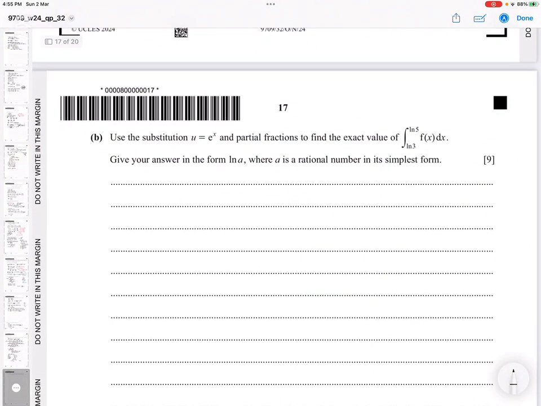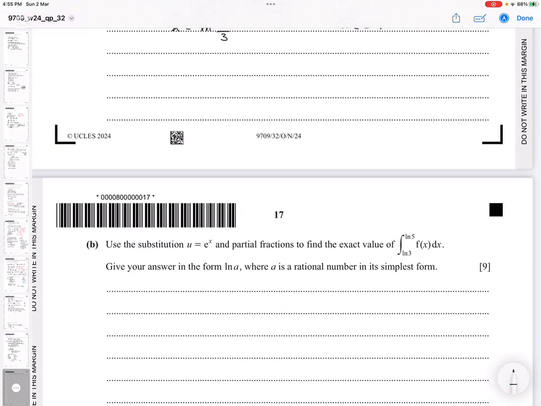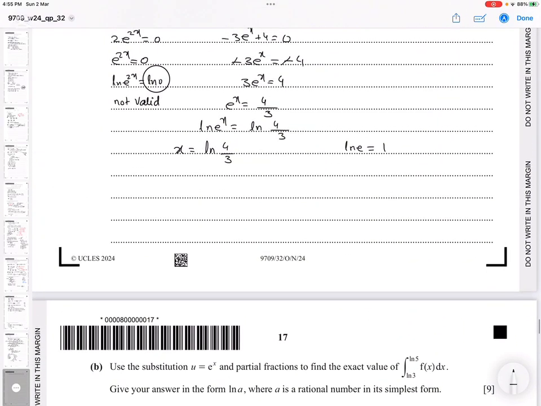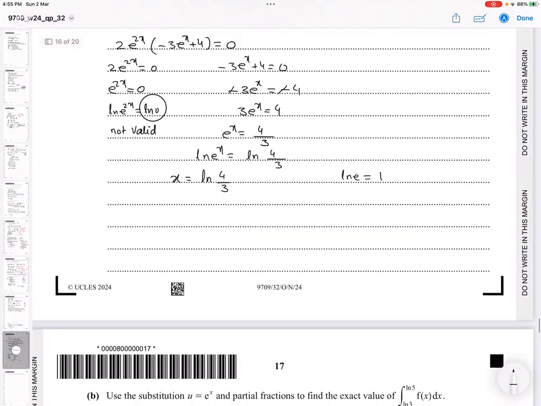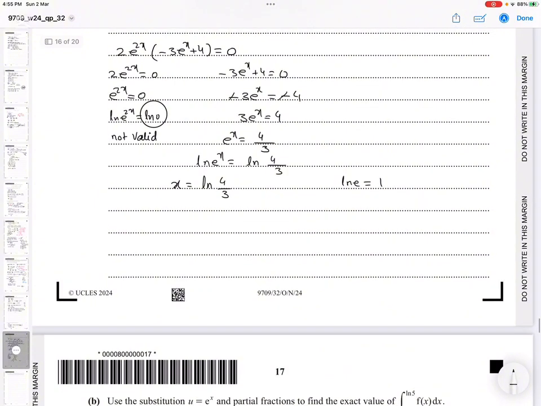In the B part, alright, this is one of our answers, and I don't have any more space left.